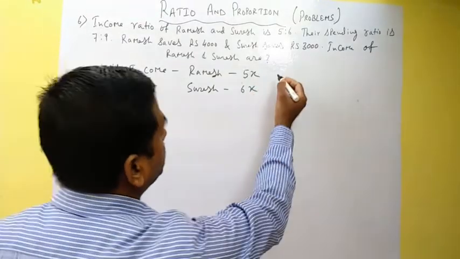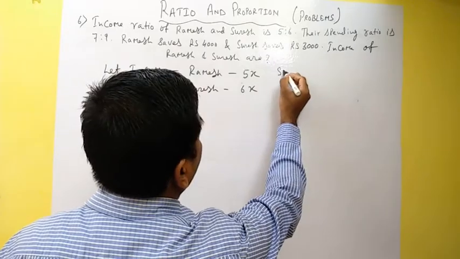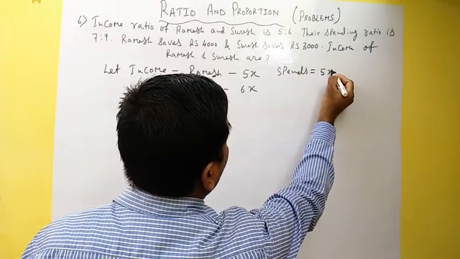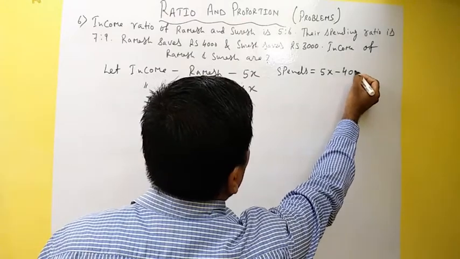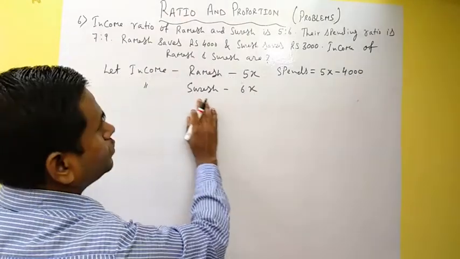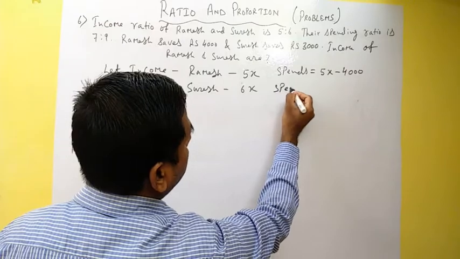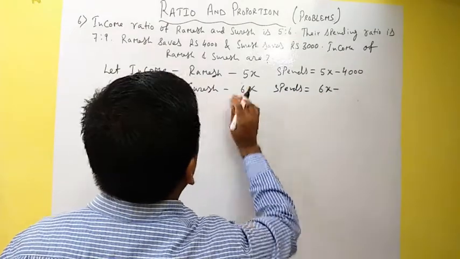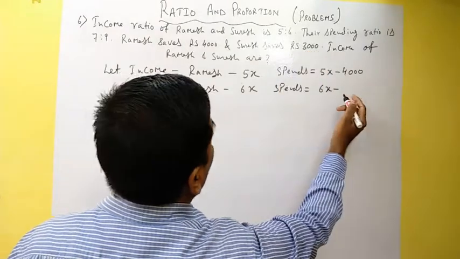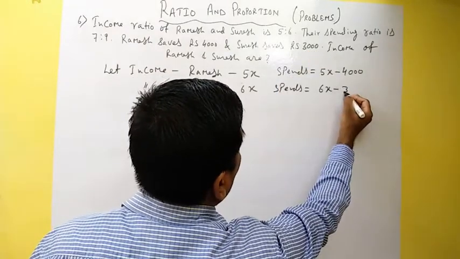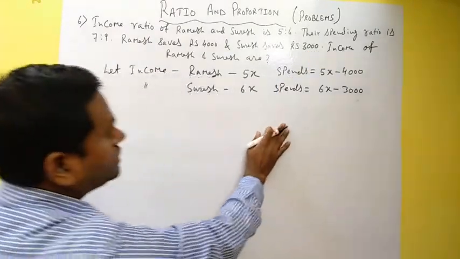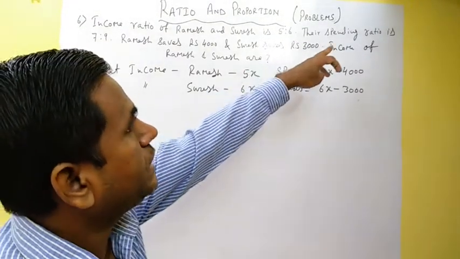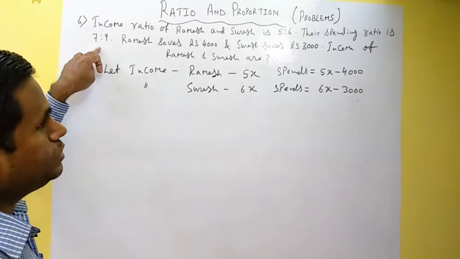However much income he gets, if I subtract 4,000 from it, I get the spending. So Ramesh spends 5x minus 4,000, while Suresh spends 6x minus 3,000, since Suresh is saving 3,000. So this is their spending. Now it says their spending ratio is 7:9.